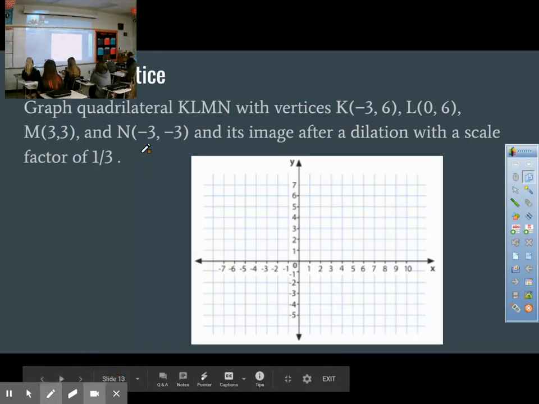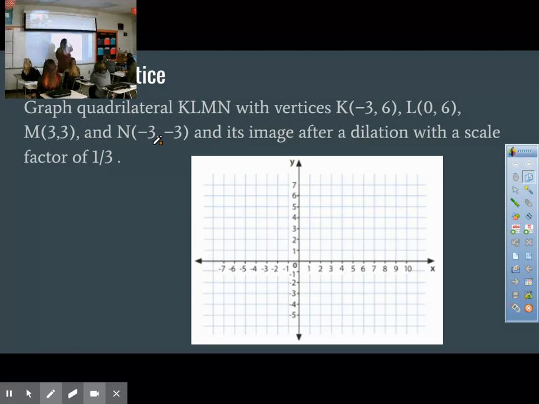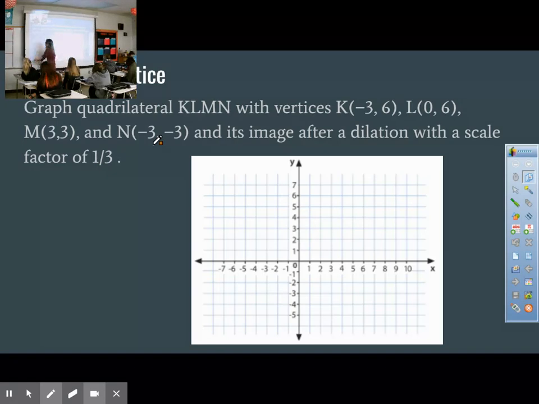It says graph quadrilateral KLMN with vertices K is (-3, 6), L is (0, 6), M is (3, 3), and N is (-3, -3), and its image after a dilation with a scale factor of 1/3.